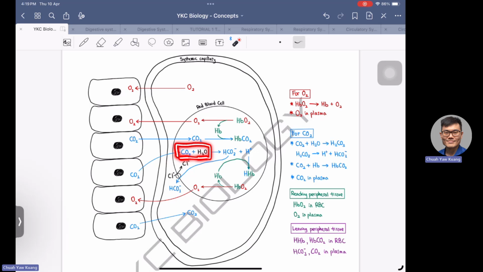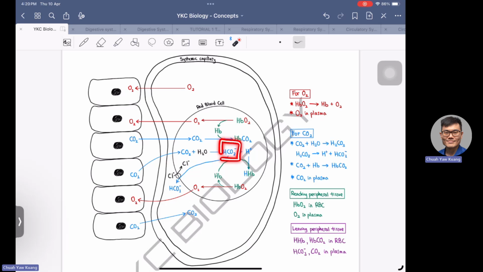This reaction is catalyzed by the enzyme carbonic anhydrase and forms the carbonic acid molecule, H2CO3. And again, due to the carbonic anhydrase, this carbonic acid molecule will almost immediately dissociate into two ions, the bicarbonate ion and the hydrogen ion.